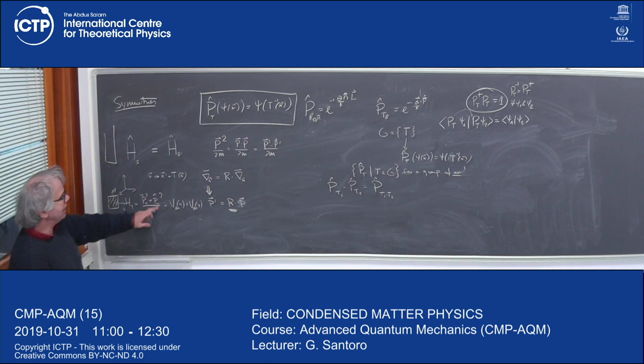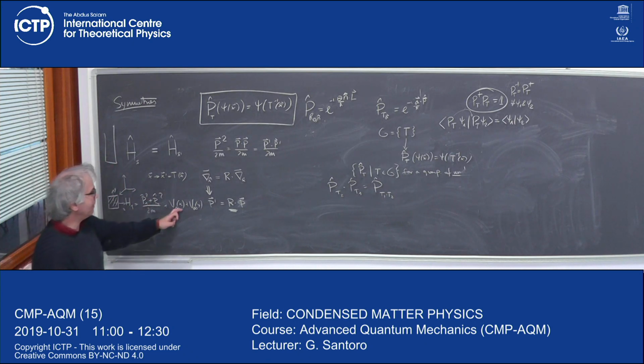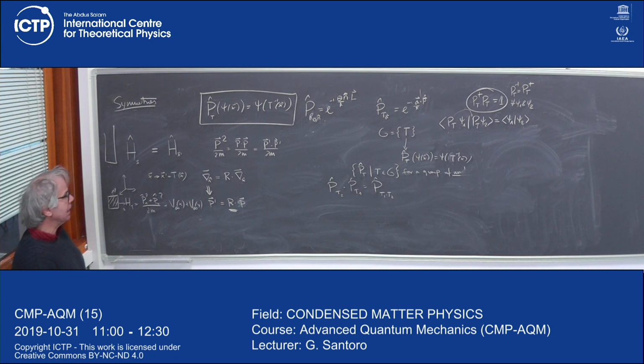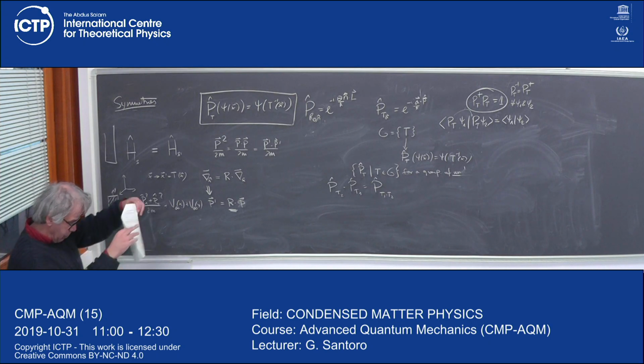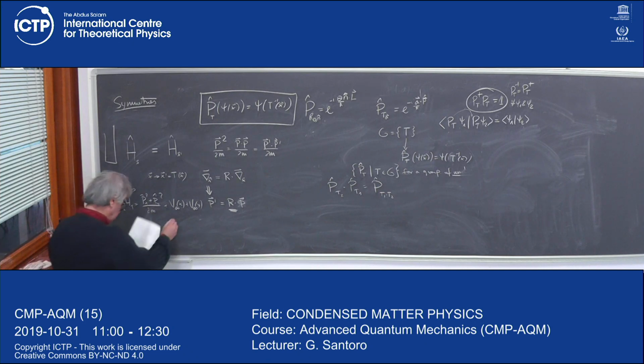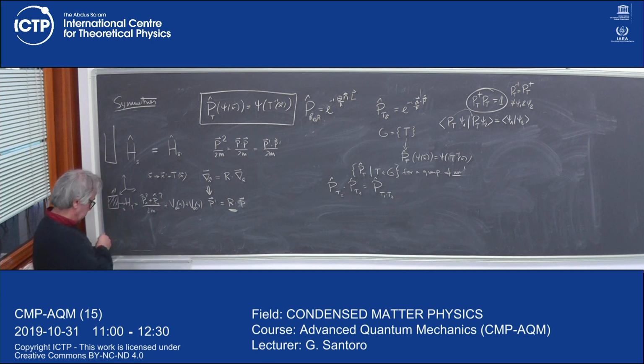Now, what about kinetic energy? Well, you can do whatever you want. What about the potential energy? Let's see rotations. Can I rotate this? Yes, of course I can rotate. But in general, the rotated potential is not equal to the potential that you see there.